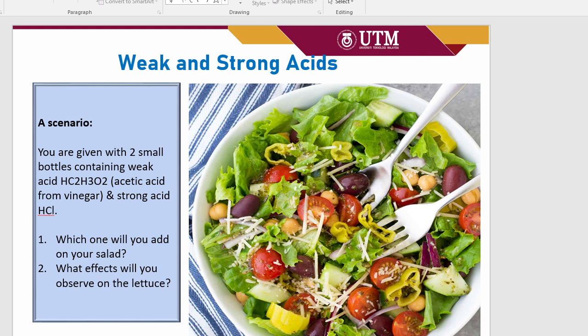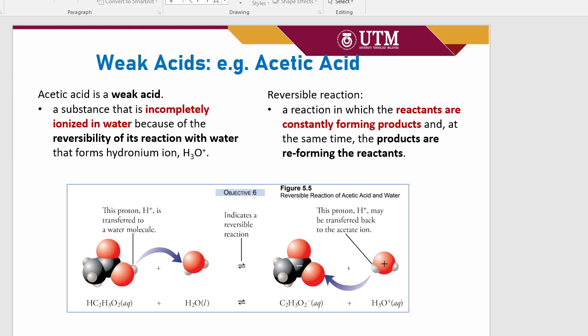If you have a salad, would you rather add vinegar, which is the weak acid, or the strong acid, hydrochloric acid? Of course, we will add the vinegar, the weak acid. But why? A weak acid is a substance that is incompletely ionized in water because of the reversibility of its reaction with water that forms a hydronium ion.